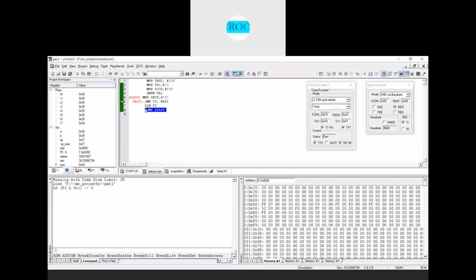Now, how do you write the C code for this one? We studied a little bit about C programming, right? Now we'll write the C code here.